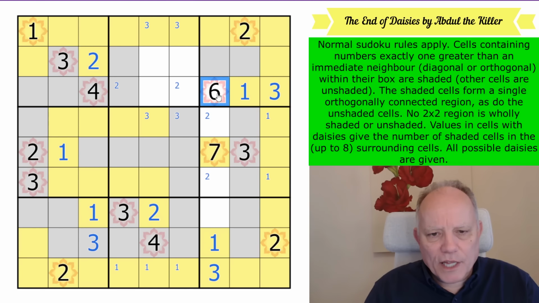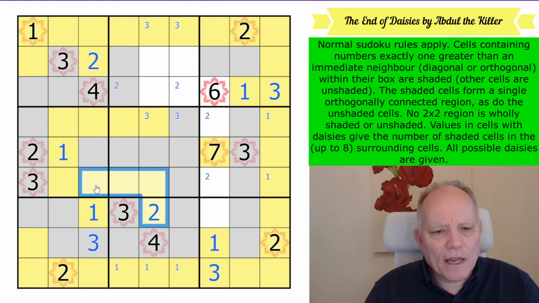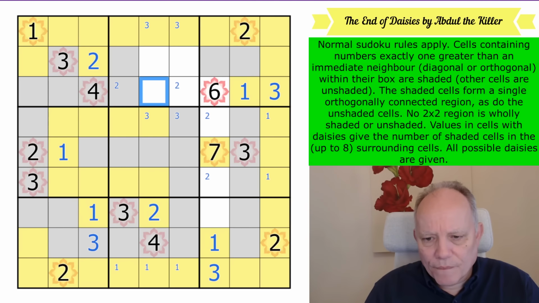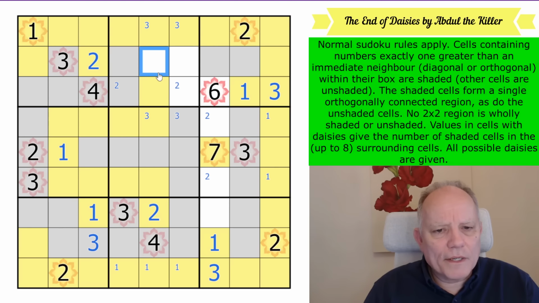Got one of each there, and that 6 is already seeing 4. I don't think that's so easy to complete, actually. Oh, this yellow has to get out to there. And this grey gets out in one of those cells. Yeah, I don't know. I'm not going to complete that.